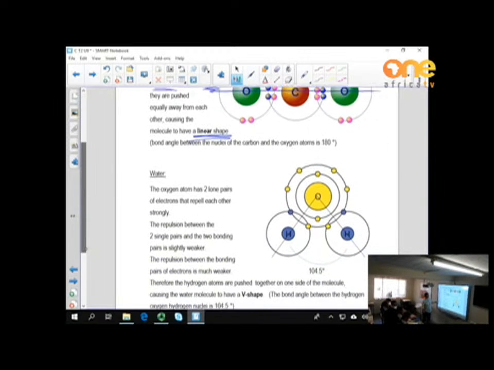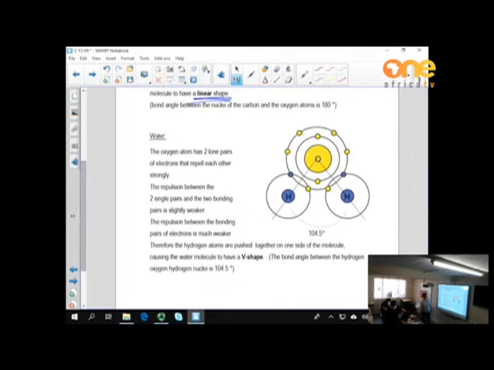Then from that, we can go and have a look at the water. We see here that the oxygen has got two single pairs which repel each other strongly in 3 dimensions as far away as possible. Then we have a bonding pair over here, bonding pair. So the repulsion between bonding pairs and single pairs is also fairly strong, but not as strong as between the single pairs only.